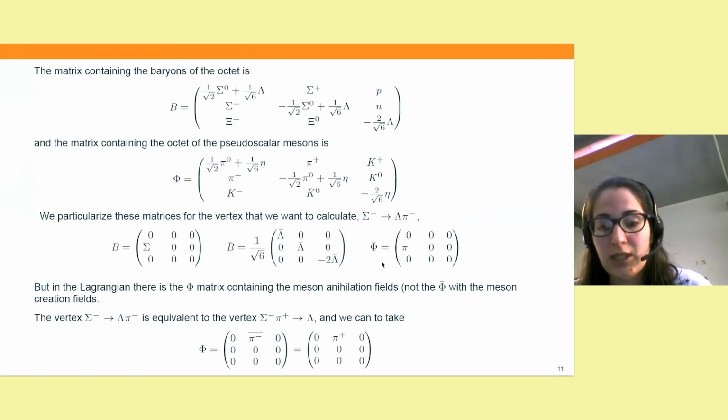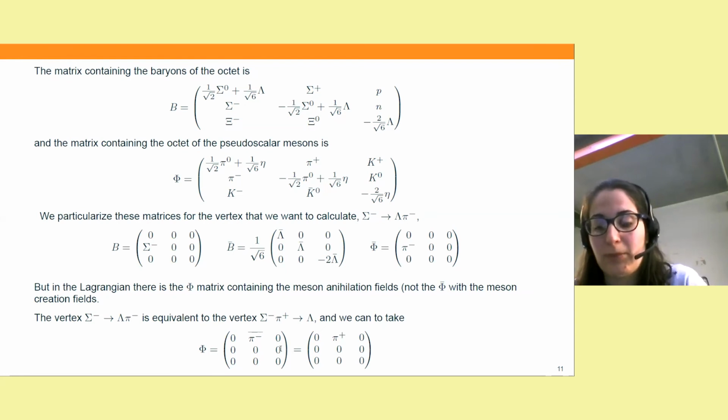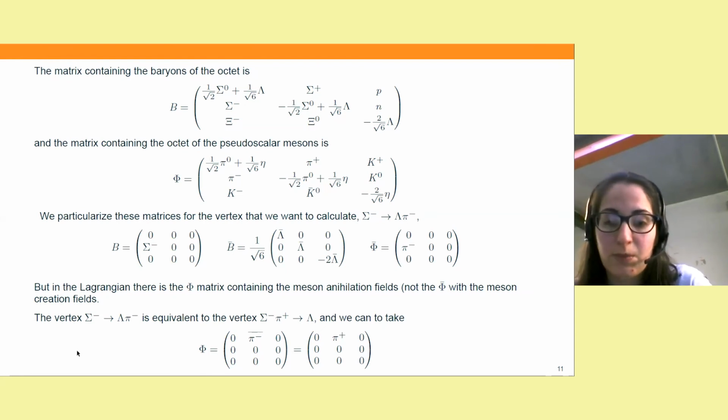So instead of phi bar, we can just take phi, where the creation of a pi minus is the annihilation of a pi plus, or a pi minus bar. We will keep this notation, pi minus bar, because we have this pi minus in the vertex that we are interested in.